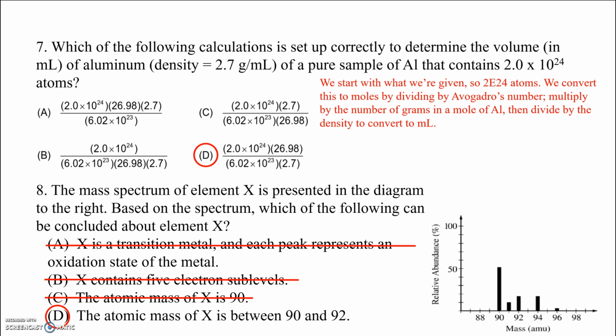So we can say with some confidence that our mass number lies between 90 and 92. You will be taught how to get to this number. But right now, we can look at this qualitatively and say, well, my mass is going to lie probably between the two highest peaks.